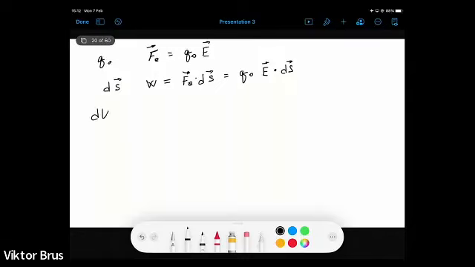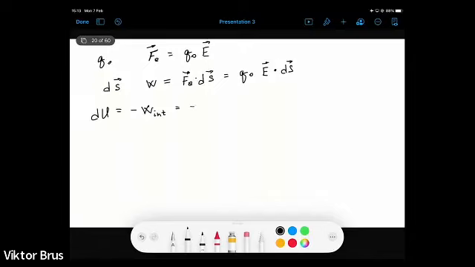So change in potential energy dU is equal to minus work. We can highlight here internal work because this work is done by the electric field. So this is work done by the internal force of the system, electric field and test electric charge.